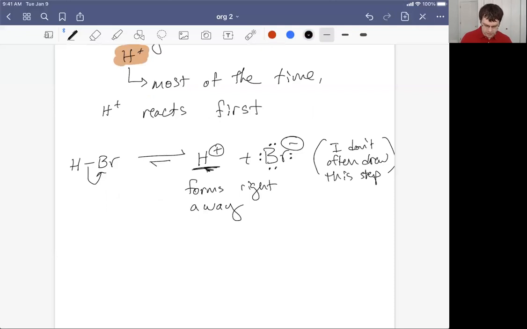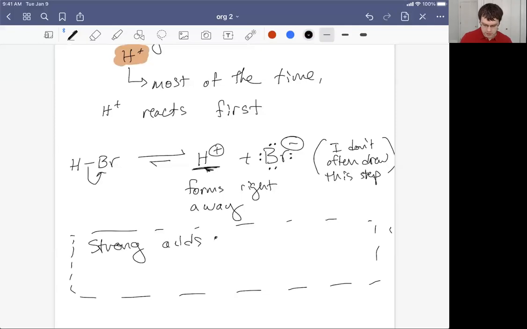I should add a little adage here. I'm going to put a little box. Okay, strong acids. We're going to do a lot of chemistry with strong acids, and strong acids automatically make H plus. Now, you've probably been exposed to these in your other classes.